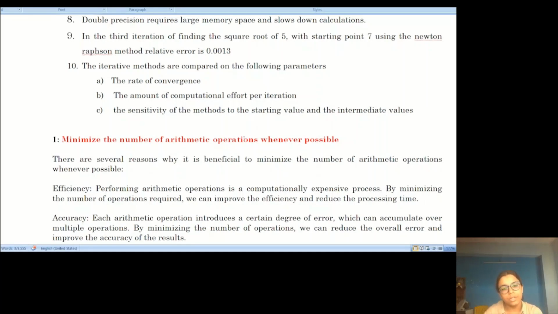Considering accuracy, if we have minimized the number of operations, the overall error would also be reduced, and that would improve our accuracy.